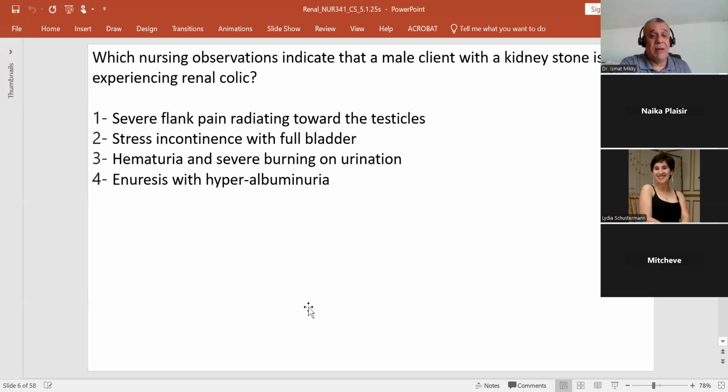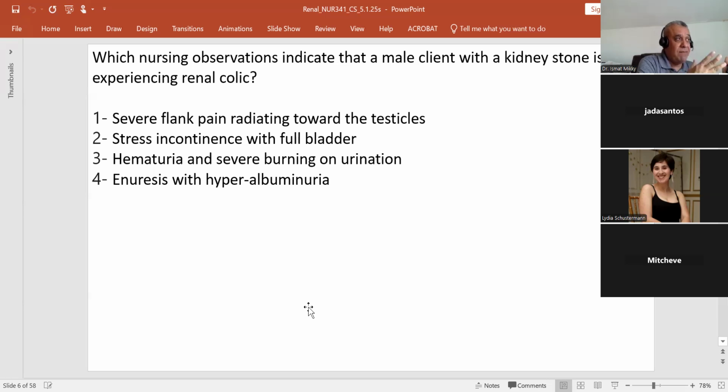So that's called hematuria. Which nursing observation indicates that a male client with kidney stones is experiencing renal colic? The most characteristic symptom of renal colic is sudden severe pain.